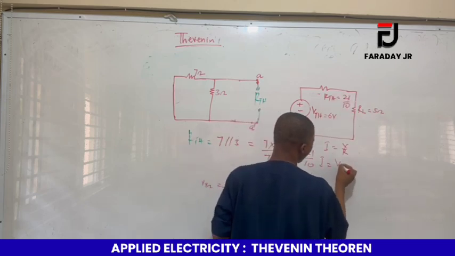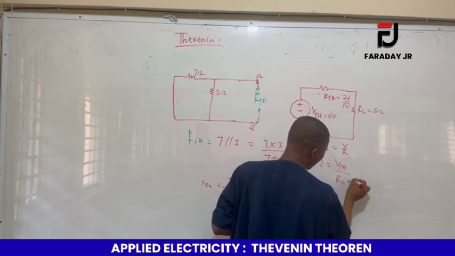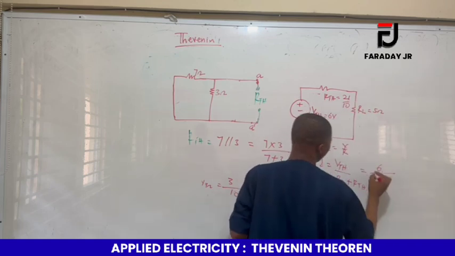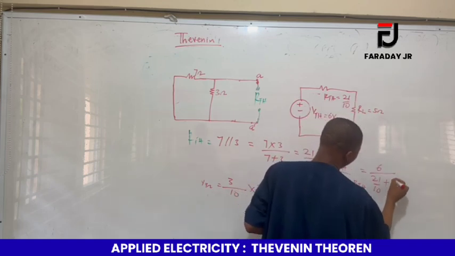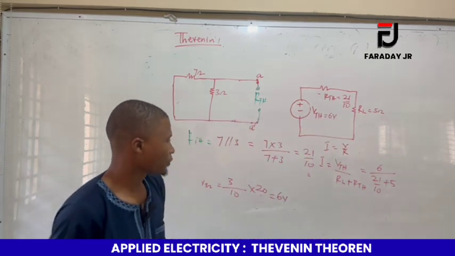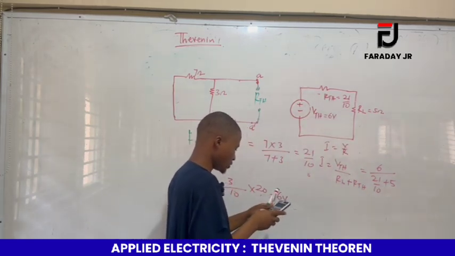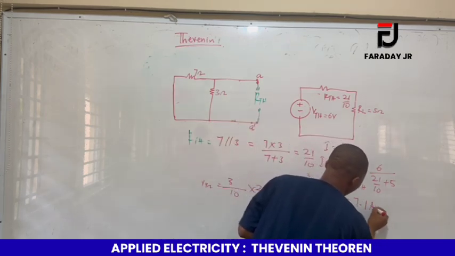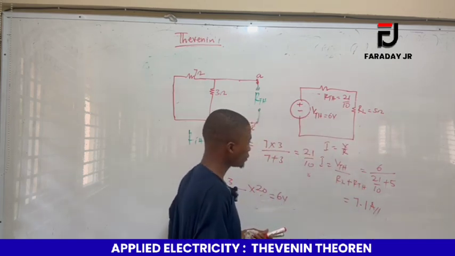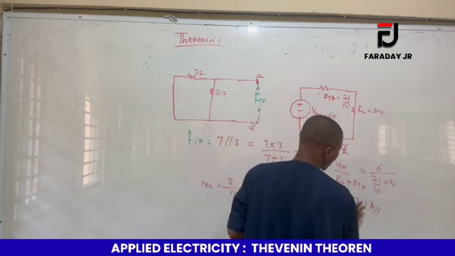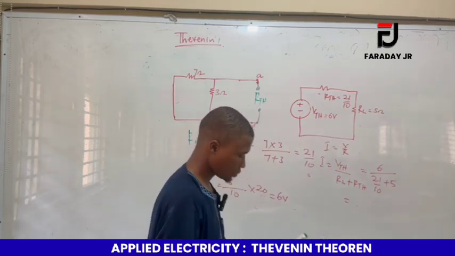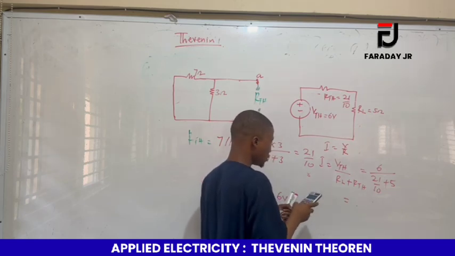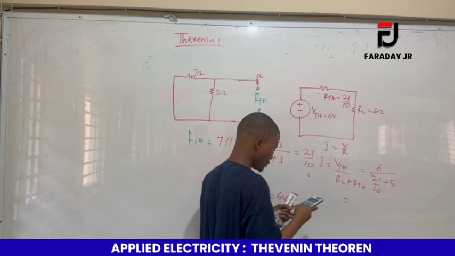So this is VTH over RL plus RTH, which is 6 divided by 21 over 10 plus 5.